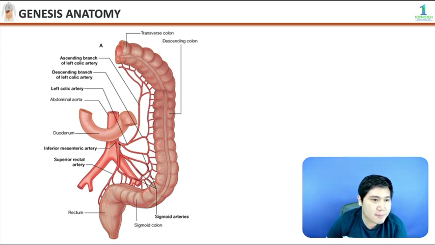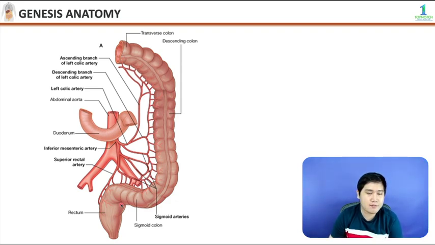What are the branches? Left colic, the sigmoid arteries and the superior rectal arteries, to supply the transverse colon, descending, sigmoid colon, rectum, and anal canal. So that's the blood supply of your GIT.